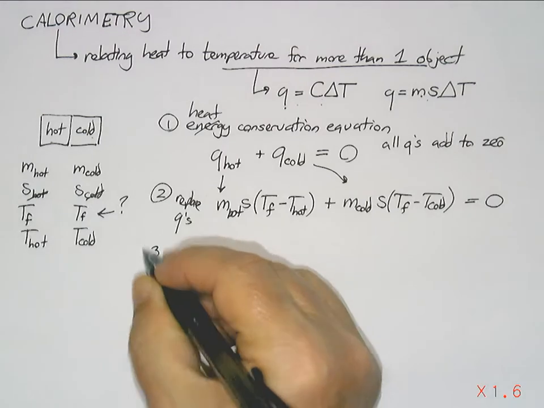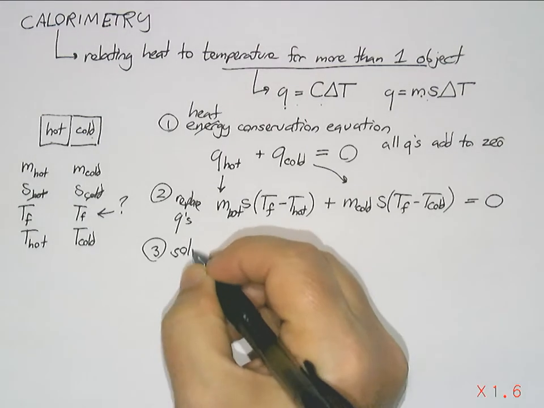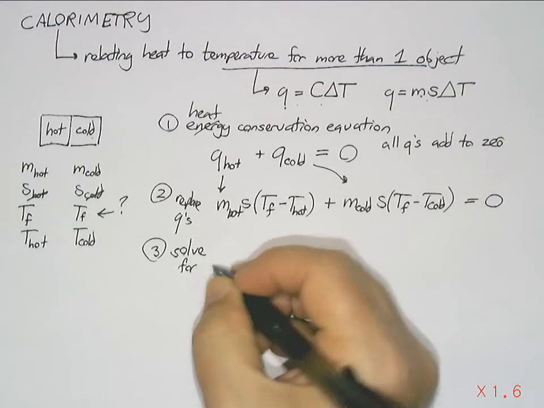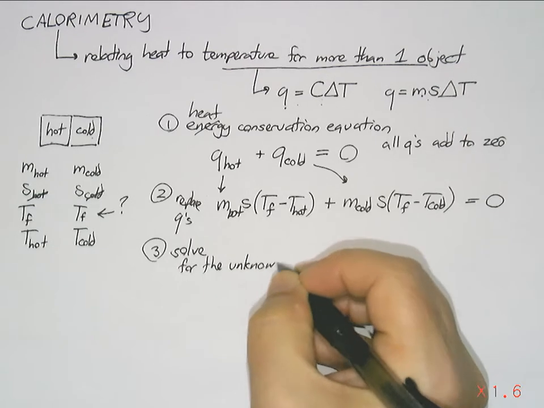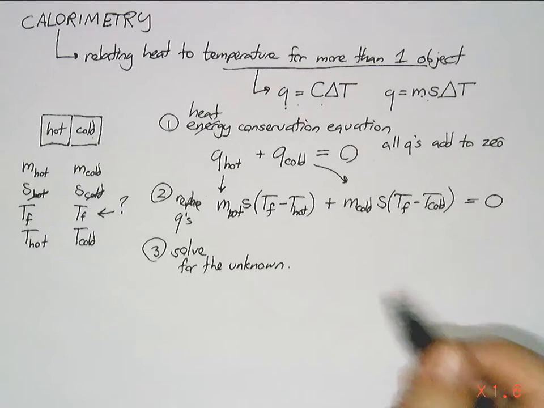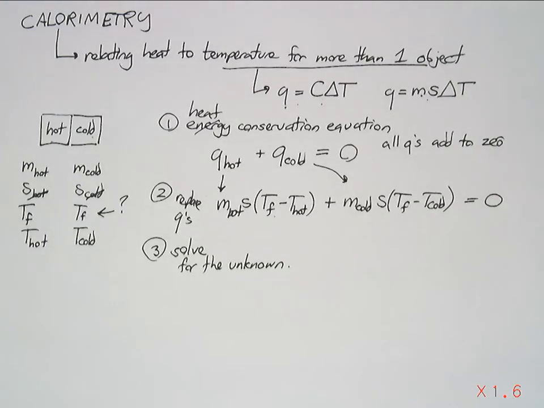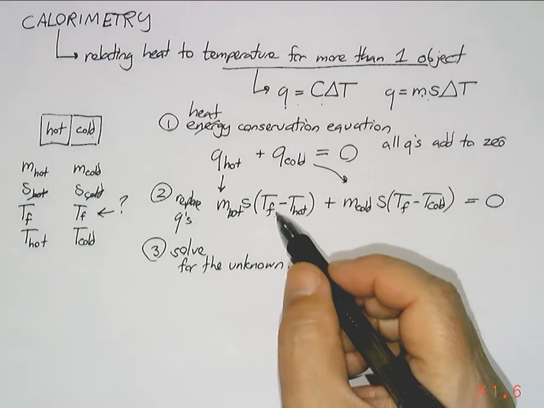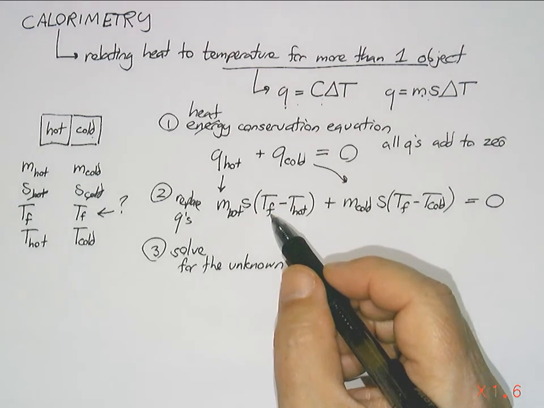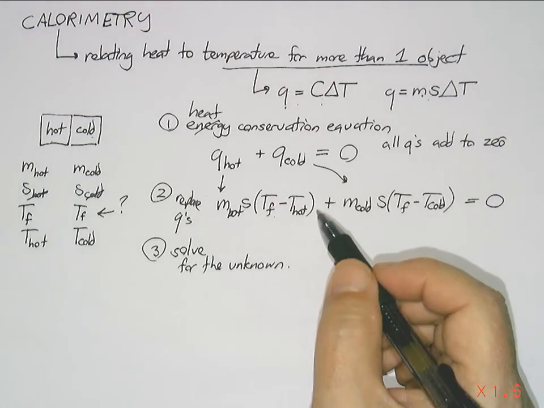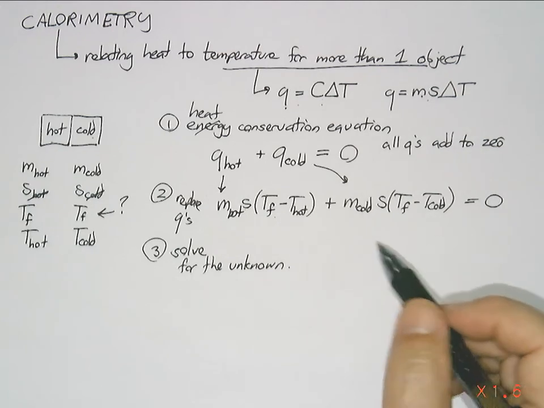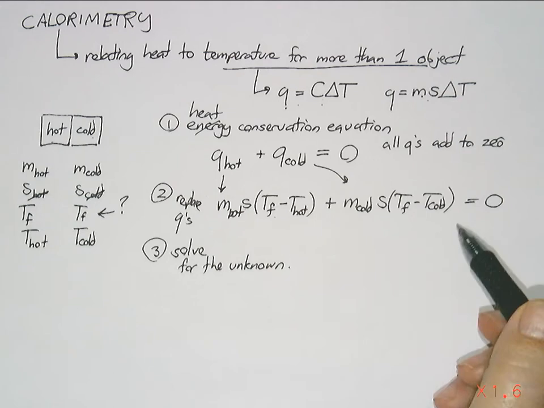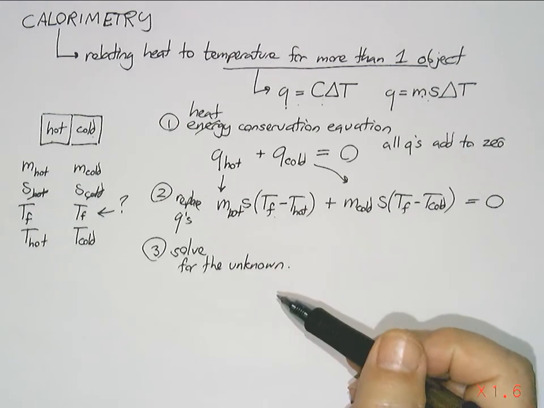And the third step is solve for the unknown. Alright, what's the unknown? It's the T_F. And when I say solve for T_F, it means I have to get the T_F all by itself on one side of the equation, but it's wrapped in these parentheses here and here. So the first thing I have to do algebraically is get rid of the parentheses by multiplying this out.